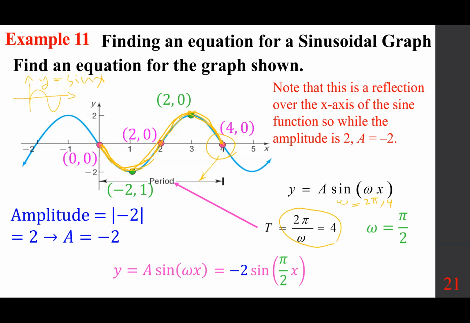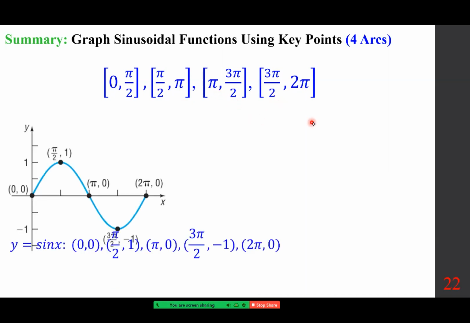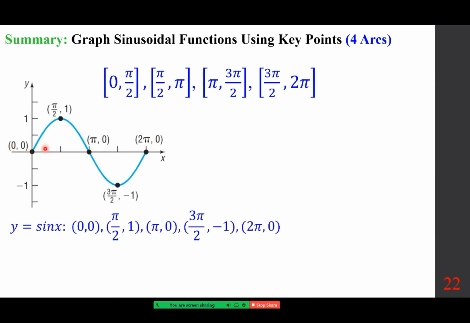So to recap in short, if you want to graph sinusoidal functions using 4 arcs, remember, normally the period is 2 pi divided by 4, which gives you 0 to pi over 2, pi over 2 to pi, pi to 3 pi over 2, 3 pi over 2 to 2 pi. For sine, looking like this is for a regular or basic sine function having 1, 2, 3, 4, 5 key points.